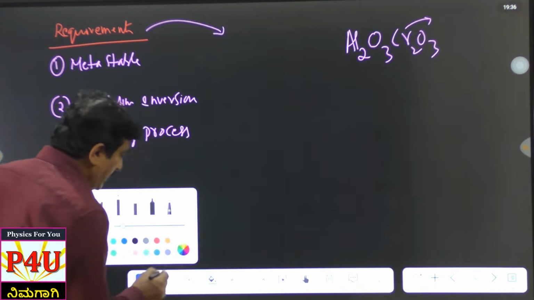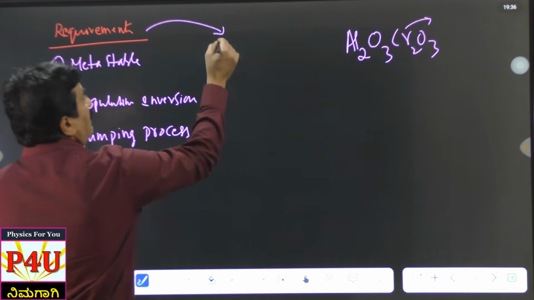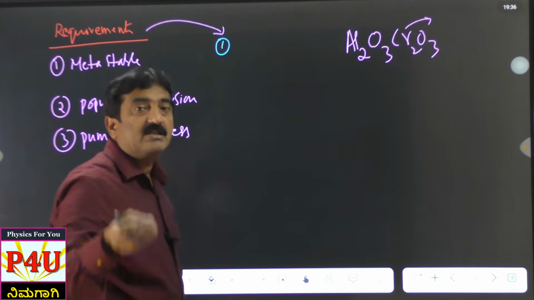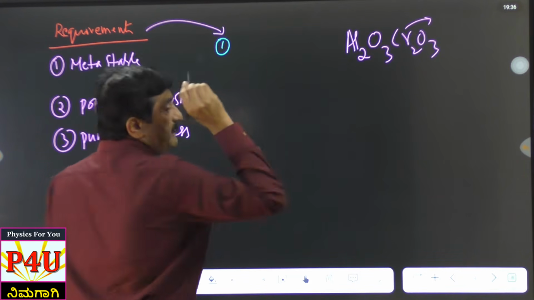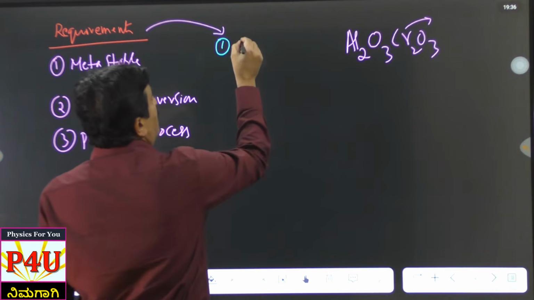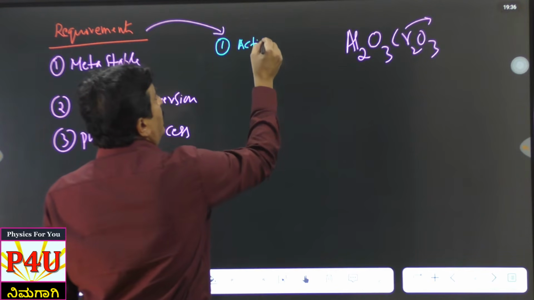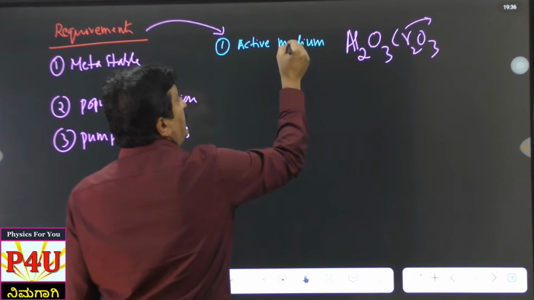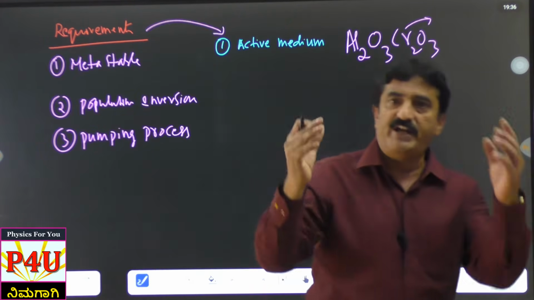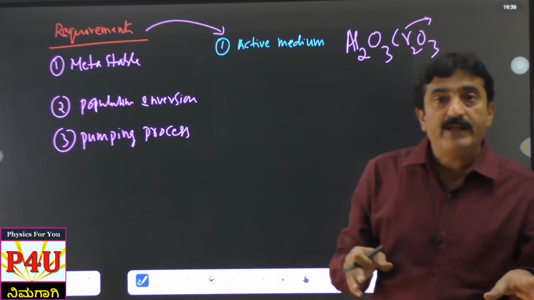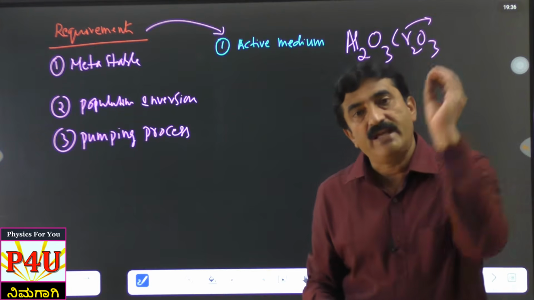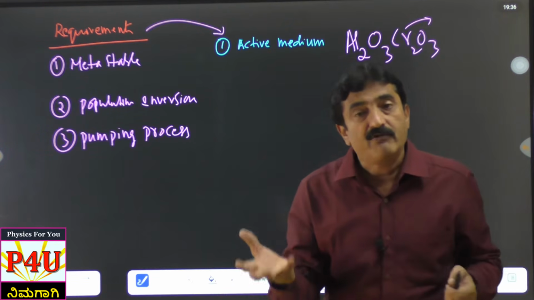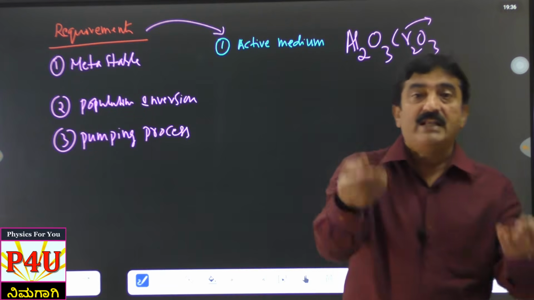So now comes the first requirement: availability of metastable state, or the substance or the medium offering the metastable state, which is called the active medium. So the first and foremost requirement: the condition is that a metastable state must be there. What is the requirement? An element having a metastable state. The condition is availability of metastable state. Requirement means such type of material is required.